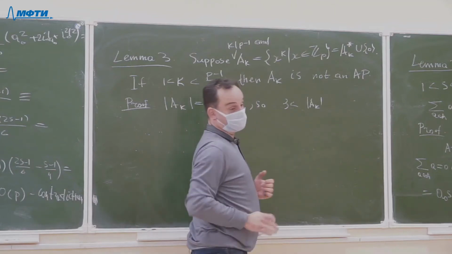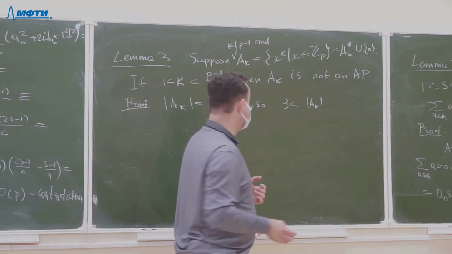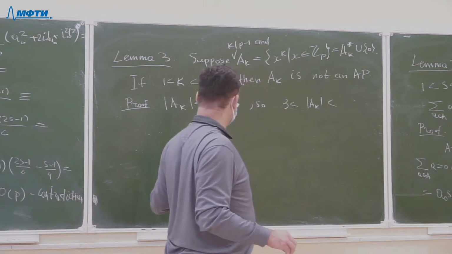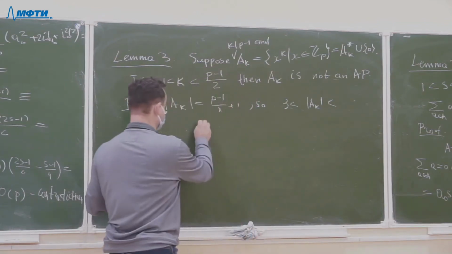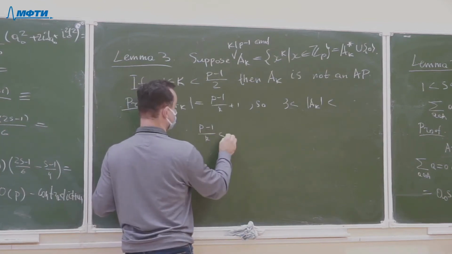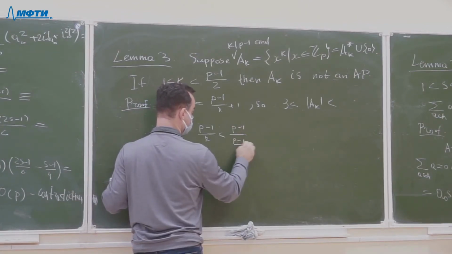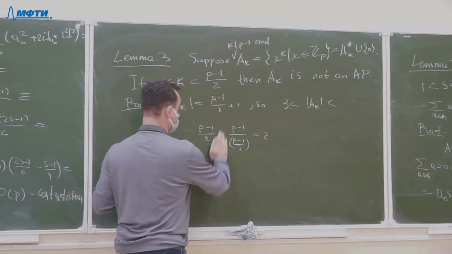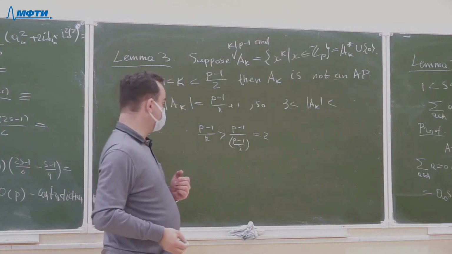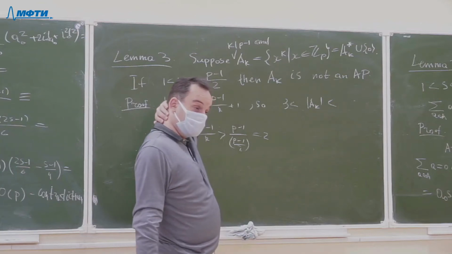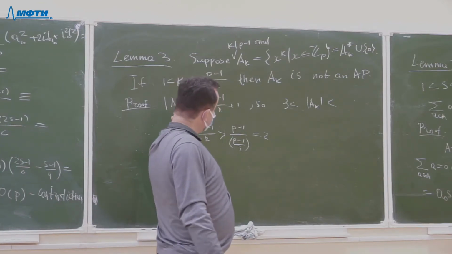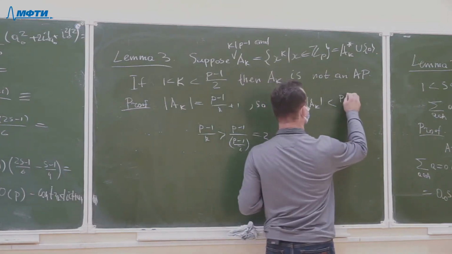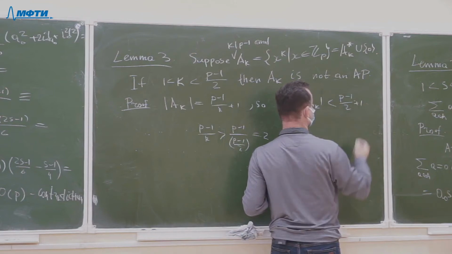So the size is at least 3, at most what? (P-1)/2 plus 1, which is (P+1)/2.